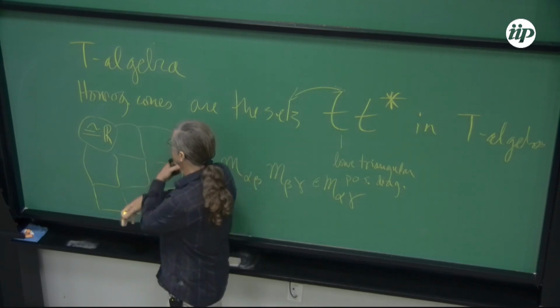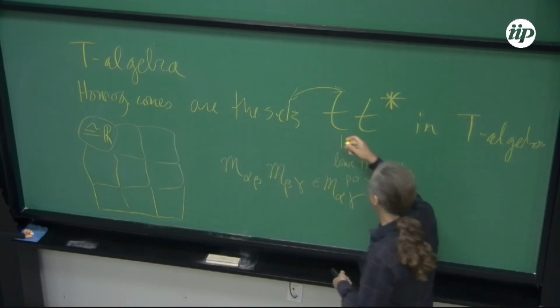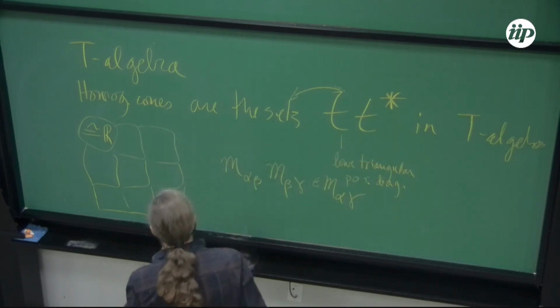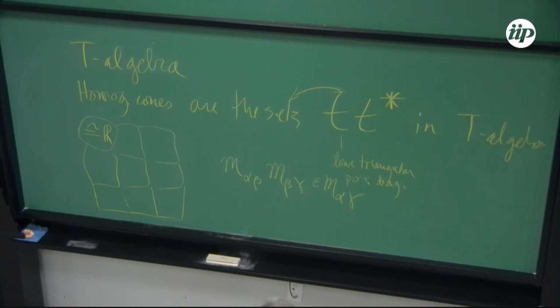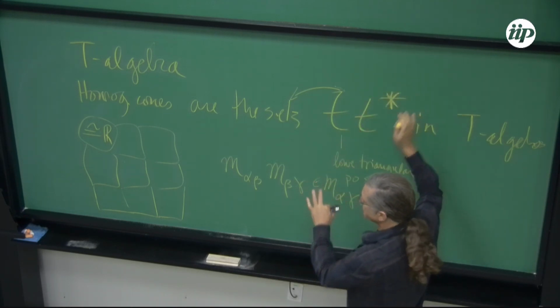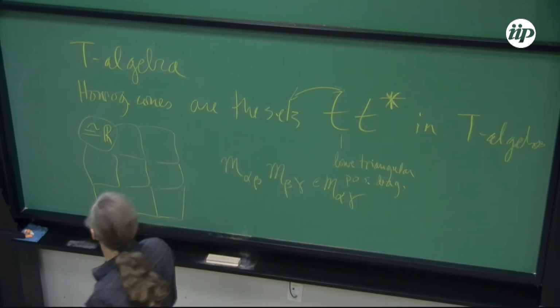And since you have this involution, you can define a Hermitian part, and these TT stars are in the Hermitian part. Right, and so he shows that all homogeneous cones have this kind of representation. It's a Cholesky-like decomposition in the T algebra.